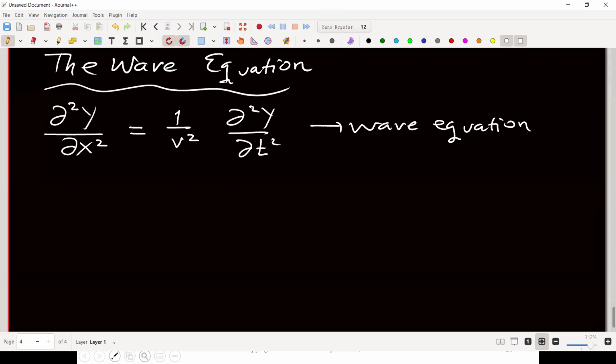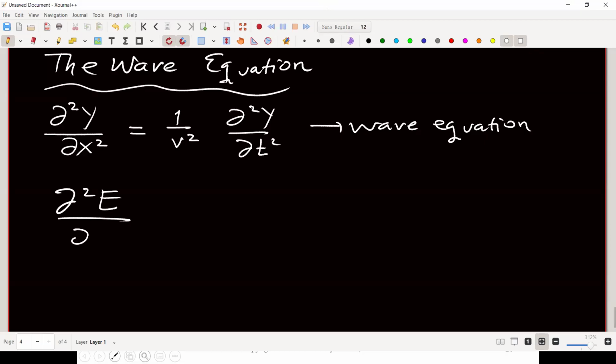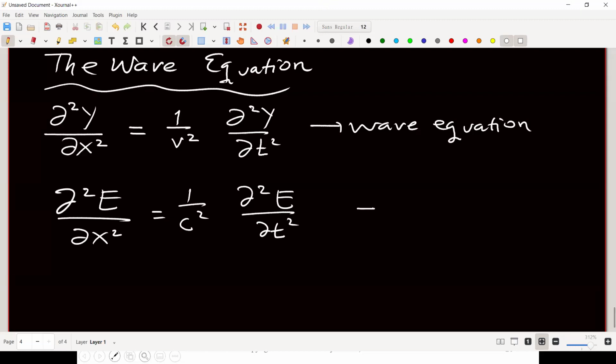For example, for electromagnetic waves, it means electric field and magnetic field. In terms of electric field, we can write dou square E by dou x square is equal to 1 over c square times dou square E by dou t square. This one is the equation of electric field, where E is the electric field.